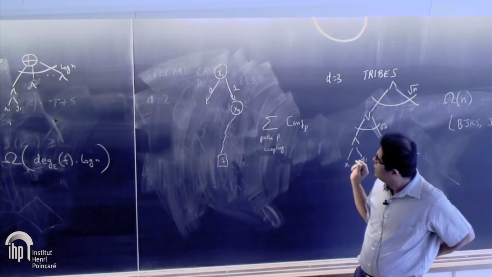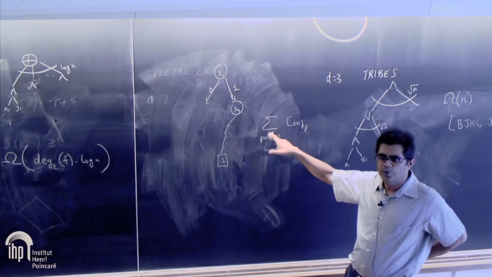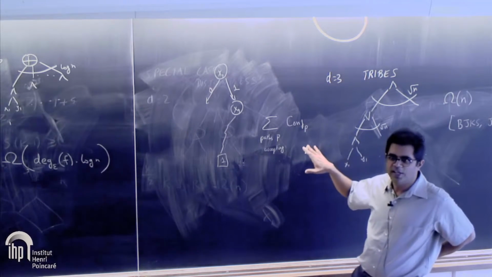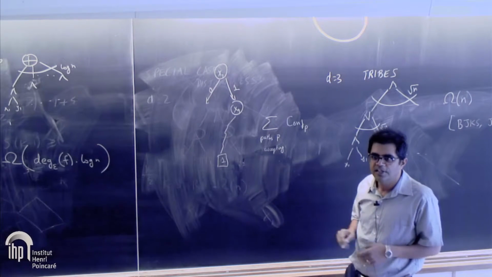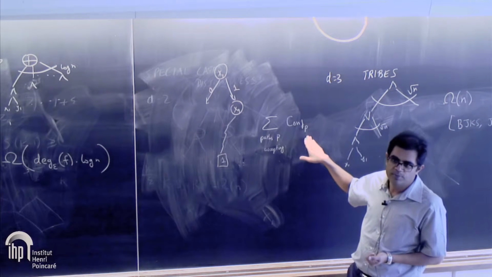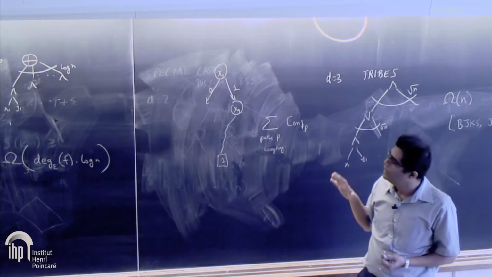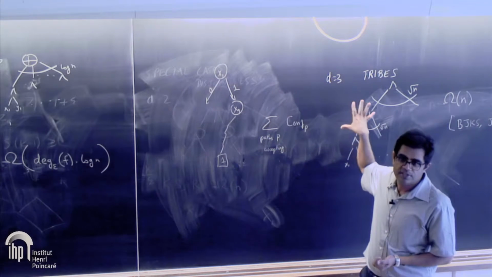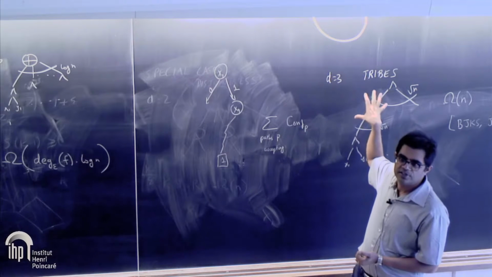By the way, normally I would write this as a DNF, but it turns out I can even replace it by a sum, because it's in some sense a unique partition. An input, if it is satisfied, will be satisfied by at most one term. So I can replace that by a sum. The reason I want to write it this way is that a randomized decision tree is nothing but a distribution over deterministic decision trees.